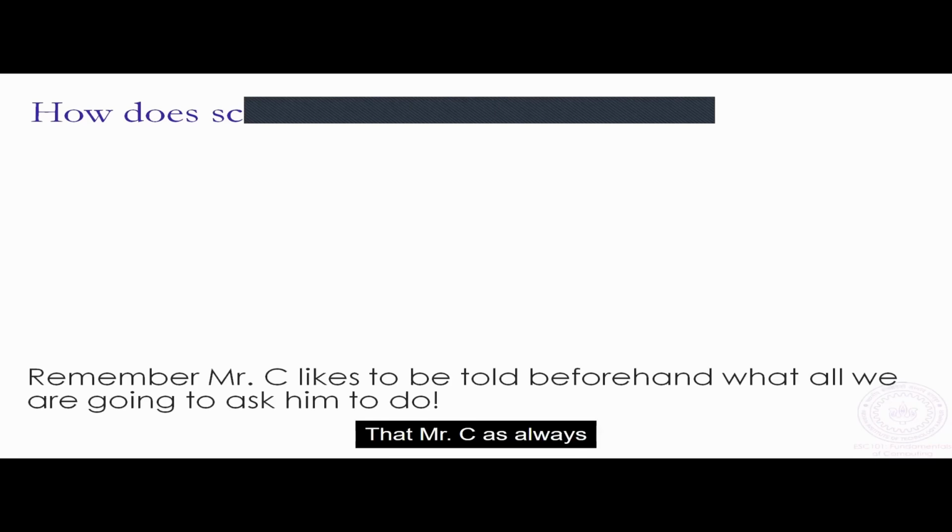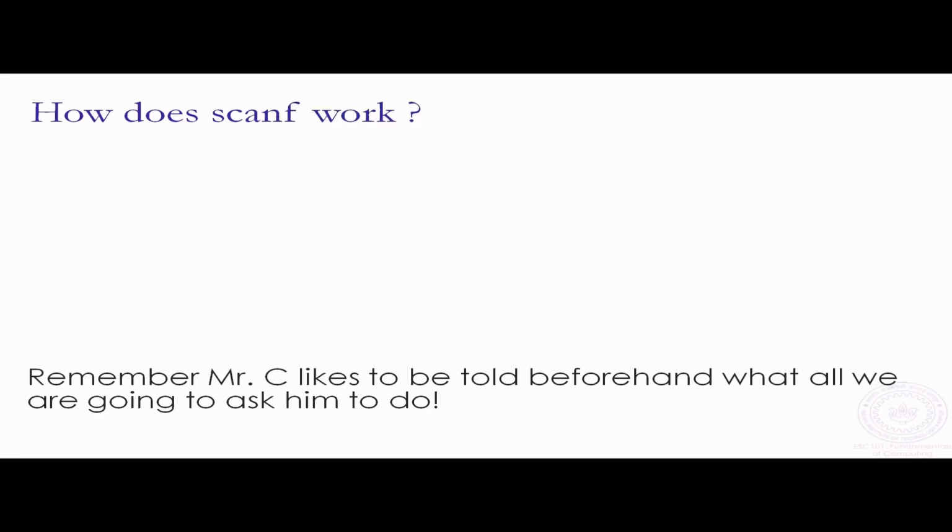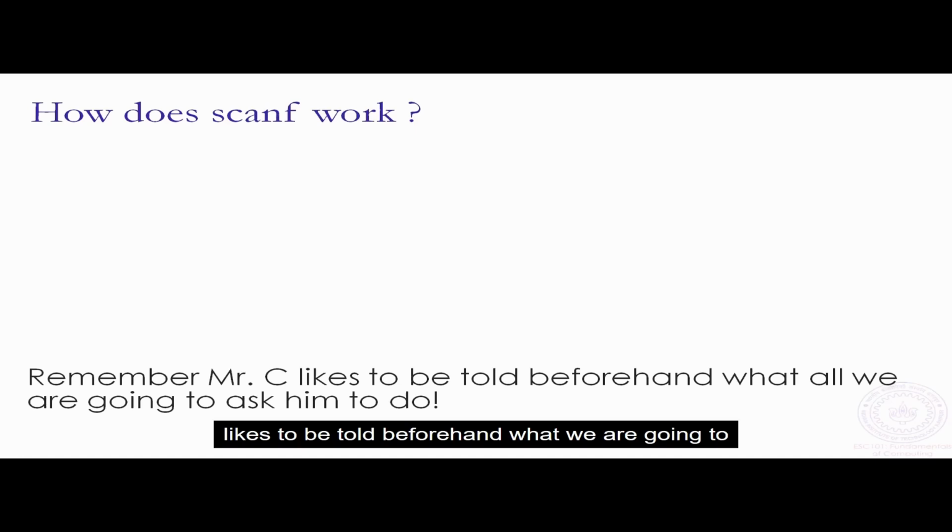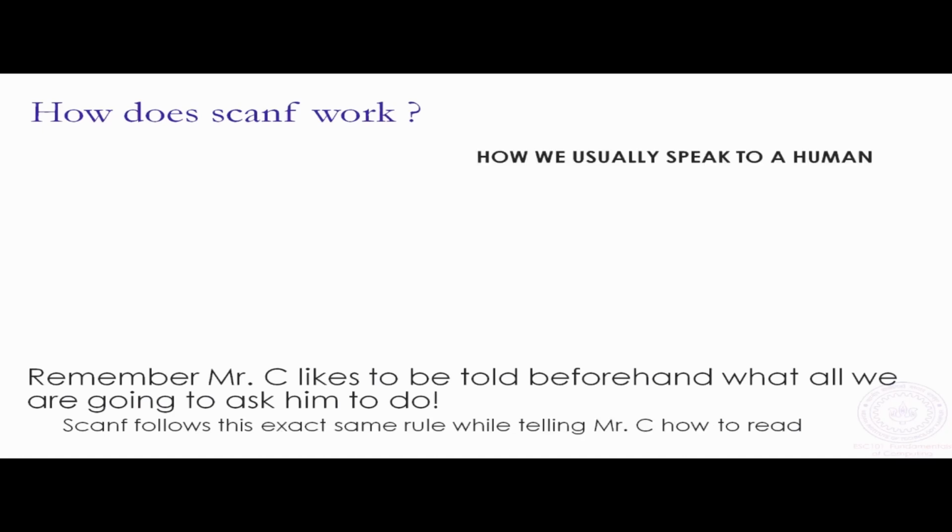Let's quickly review the basics of how scanf works in detail. What happens is that Mr. C, as always, likes to be told beforehand what we are going to ask him to do. And scanf follows this exact same rule when it's telling Mr. C how to read.